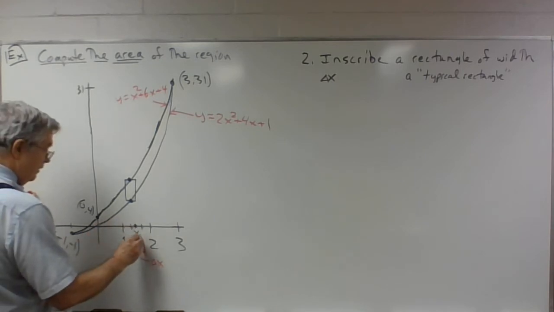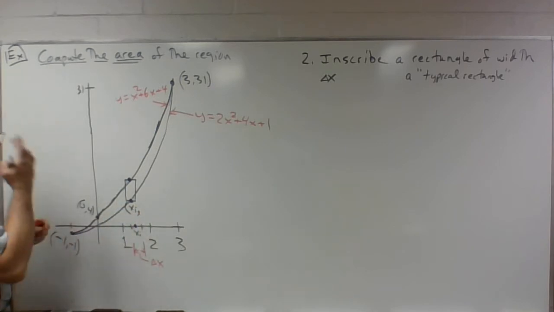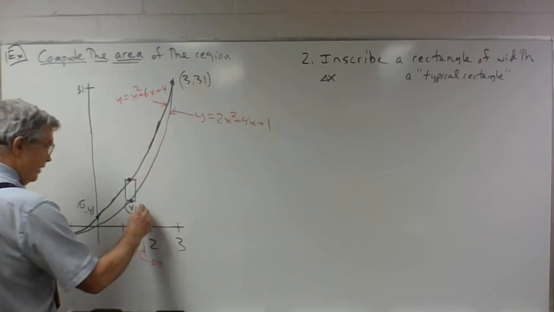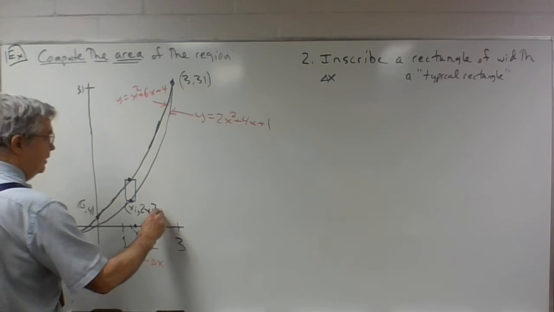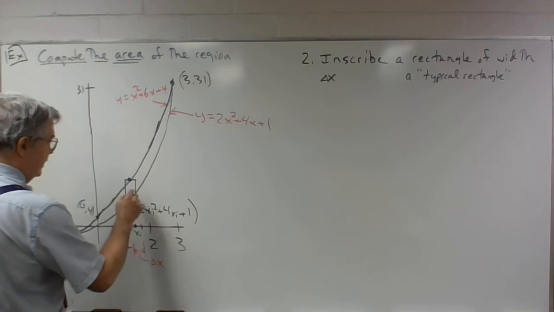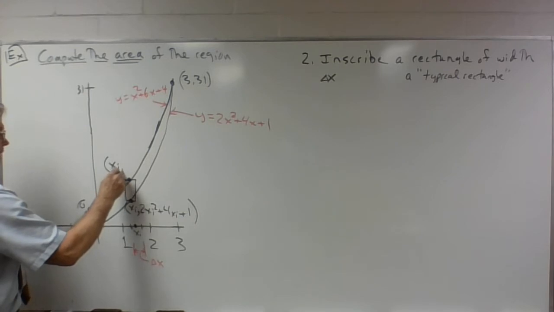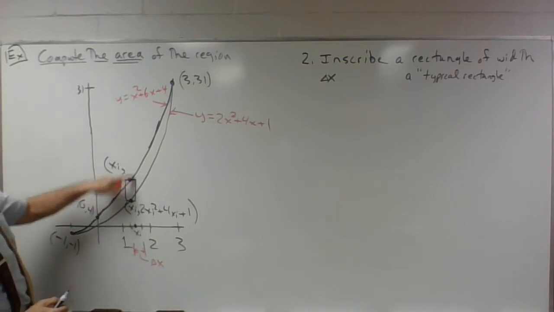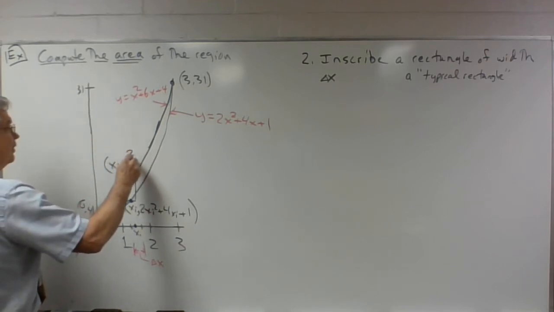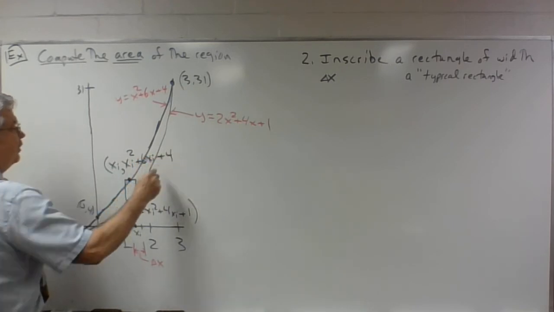The x coordinate on the bottom is x sub i, and the y coordinate will be this thing evaluated at x sub i, 2x sub i squared plus 4x sub i plus 1. And here, the x coordinate again is x sub i. The y coordinate is this function evaluated at x sub i, x sub i squared plus 6x sub i plus 4.